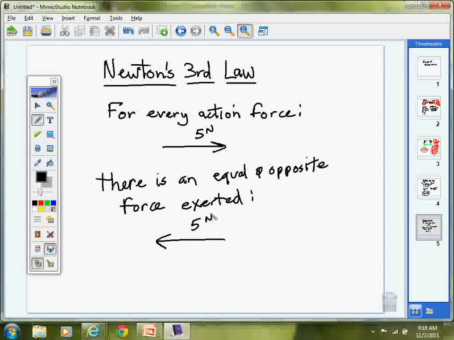Five newtons to the left. And that is a true statement. This is what Newton's third law says. For every action, there's an equal and opposite reaction.